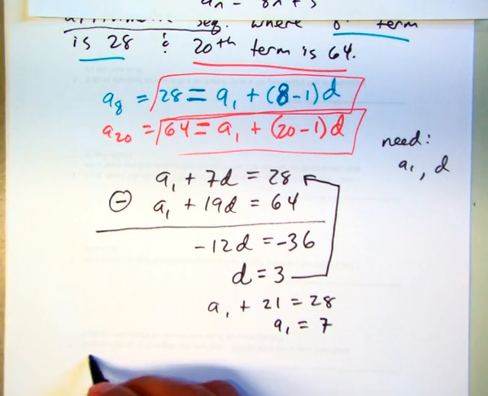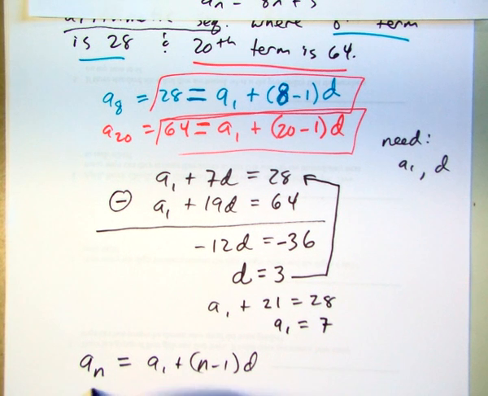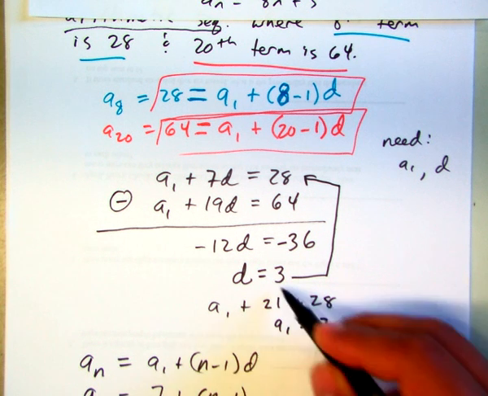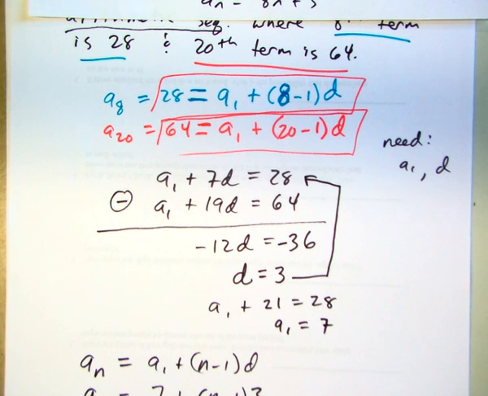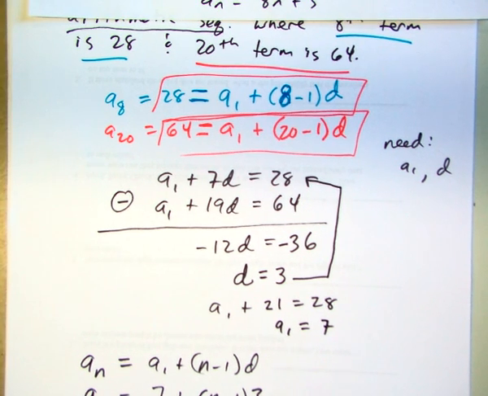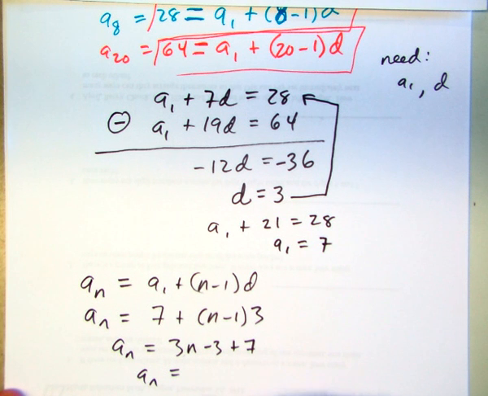Because the general rule for the nth term of an arithmetic sequence is first term plus n minus 1 times d. So now I'll just plug everything in. First term was 7. The difference from term to term we figured out was 3. So then if you simplify, we have 3n minus 3 plus 7. After you distribute the 3, and then when you add it with 7, you get 3n plus 4.